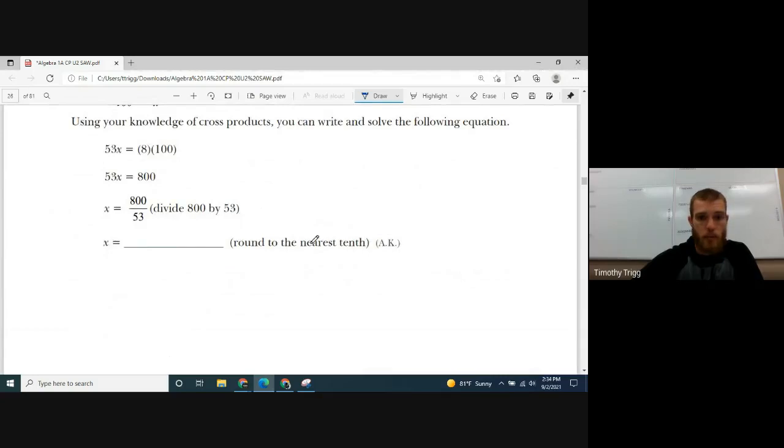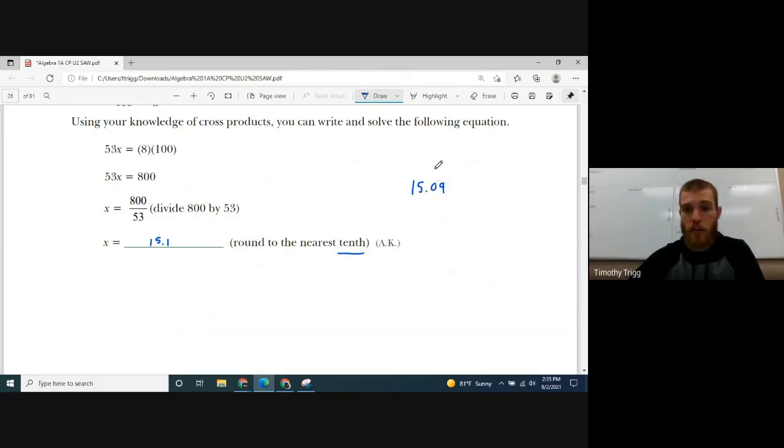We already did this. Round to the nearest tenth, if we wanted to do that, that would be 15.1. By the way, the first decimal place is called the tenths place. So when they say round to the nearest tenth, they're saying round to the nearest first decimal place. Our answer we had before was 15.09.